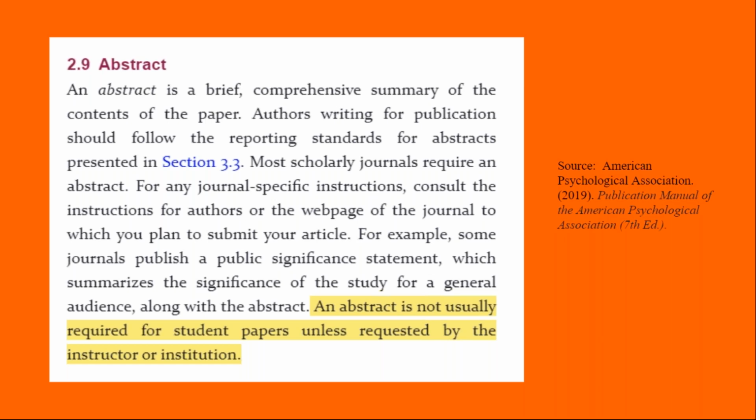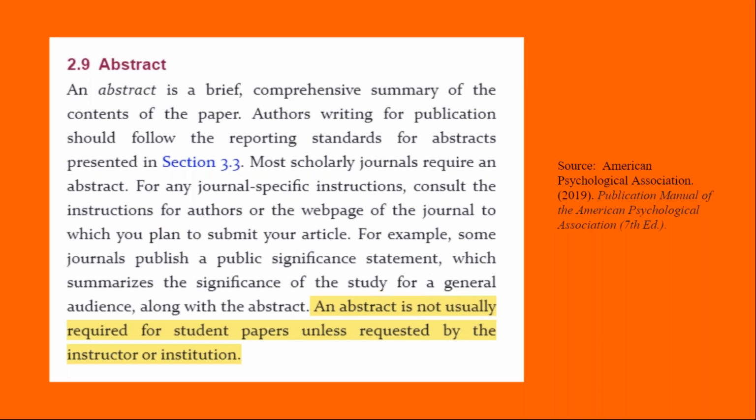So if you look at that last sentence there that is highlighted at the bottom, an abstract is not usually required for student papers unless requested by the instructor or institution. So APA does differentiate between student papers and professional papers.